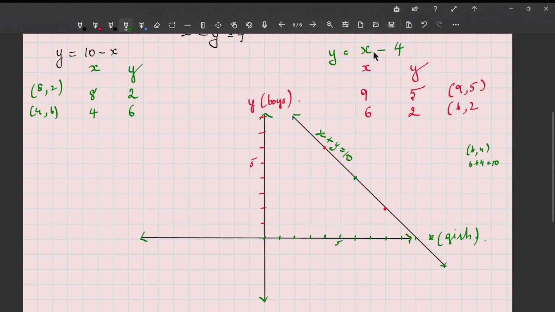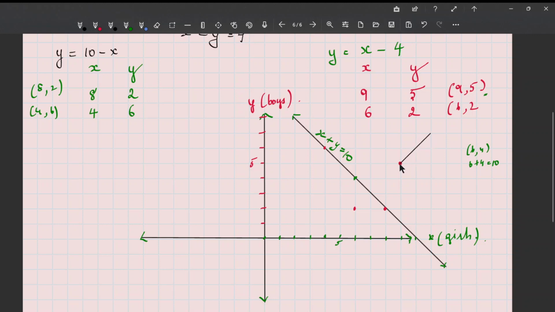Now let's go to the second one, y is equal to x minus 4. The points we have to plot are (9, 5) first. So this is 9, and 5: 1, 2, 3, 4, 5. So this is one point, and (6, 2). This is another. So let us now join these 2 points.